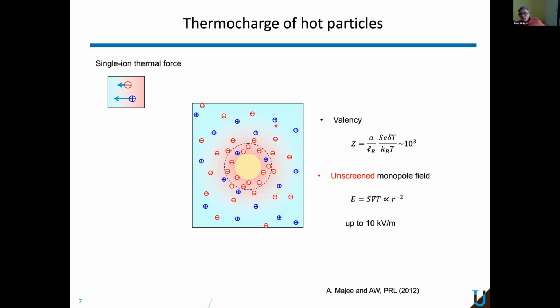So I think this is the only possibility, at least as far as I know, to create unscreened electric fields in an electrolyte solution. So you have an unscreened electric field with monopole field. So the electric field goes as 1 over r squared. And I think there is no other possibility to create such strong electric fields, up to 10 kilovolts per meter at the particle surface. Just to give you an idea what this Seebeck coefficient means in electrolytes and how it can be used.